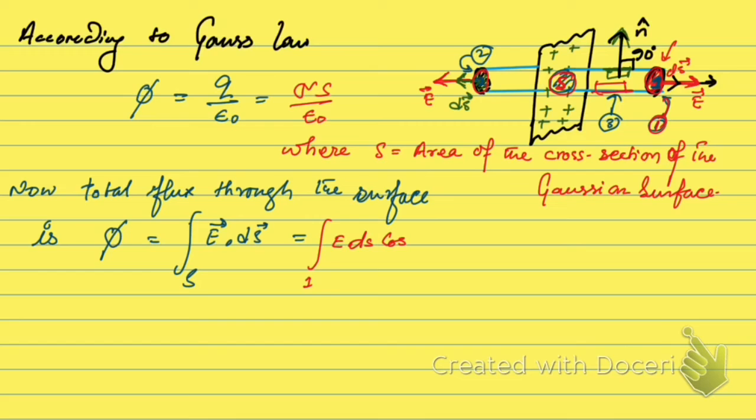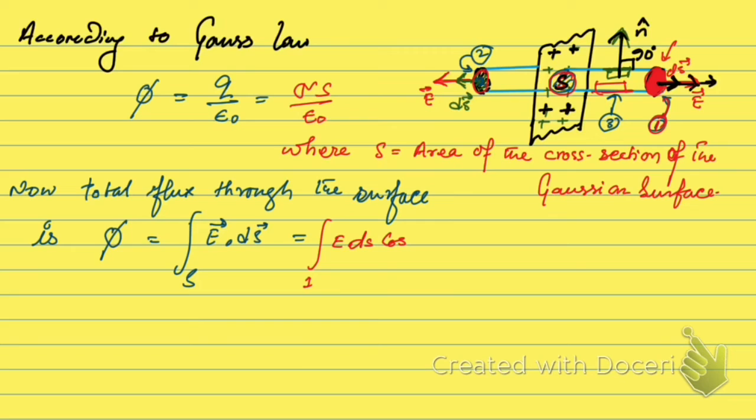For this end, the direction of the surface area vector as well as the electric field are in the same direction, because the electric field should be away from the positive charge, in the outward direction, right? So hope you have understood this.